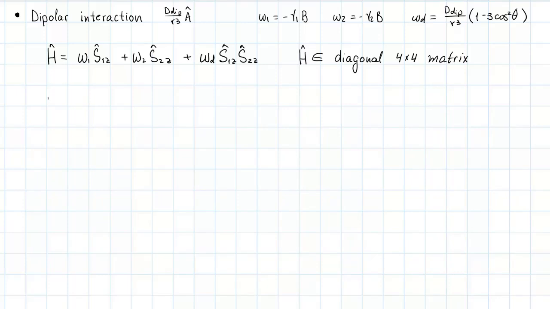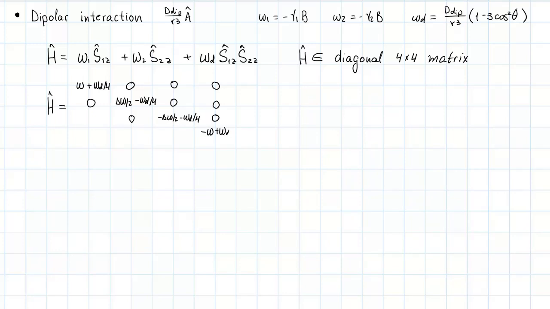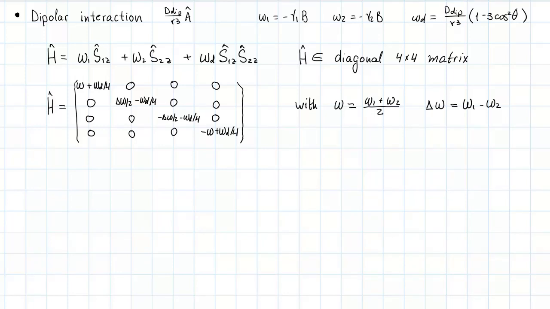The diagonal elements of this matrix are omega plus omega d divided by 4, delta omega divided by 2 minus omega d divided by 4, minus delta omega divided by 2 minus omega d divided by 4, and the last one minus omega plus omega d divided by 4. The frequency omega is the average frequency of omega 1 and omega 2, and the variable delta omega is the difference between omega 1 and omega 2.